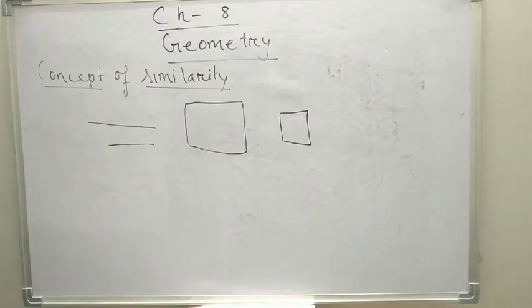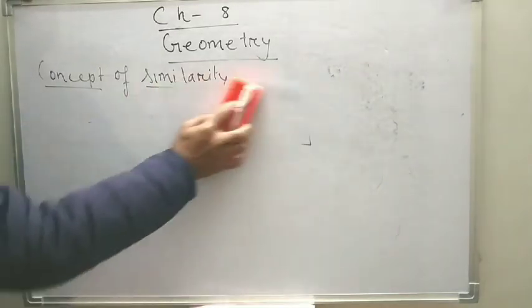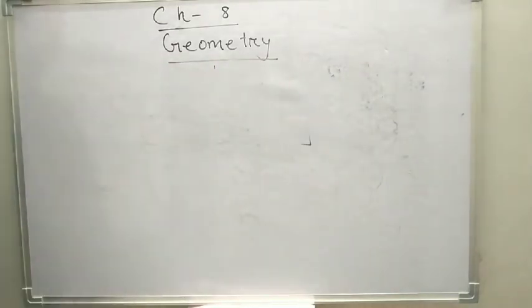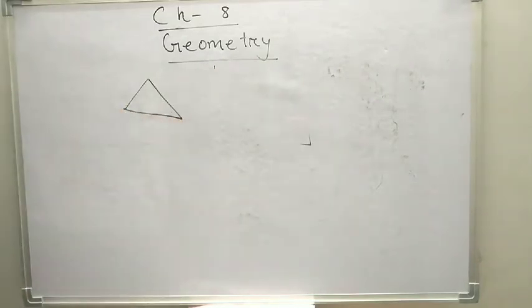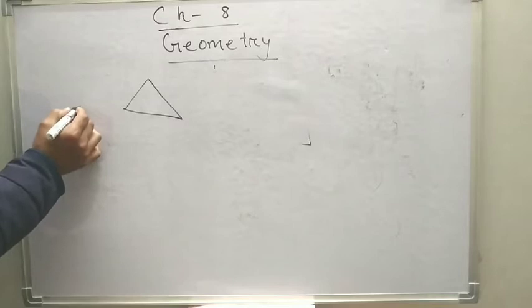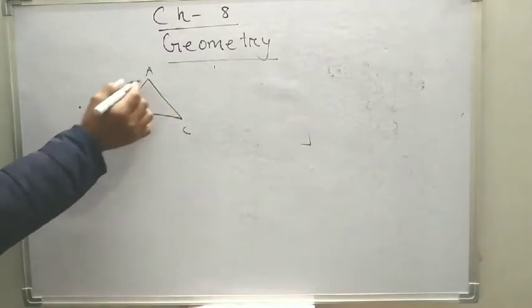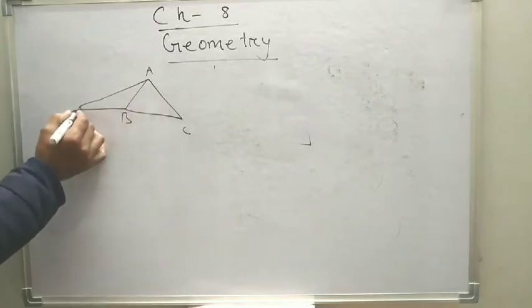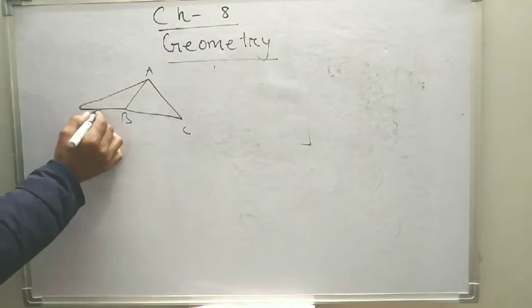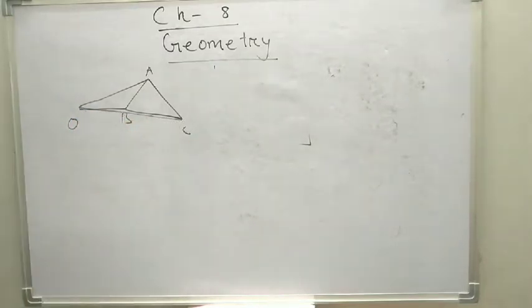So students, suppose we take one concept. Now look here. Suppose this is a triangle ABC. If we take any point O outside this triangle ABC and join OA, OB and the third, OC.